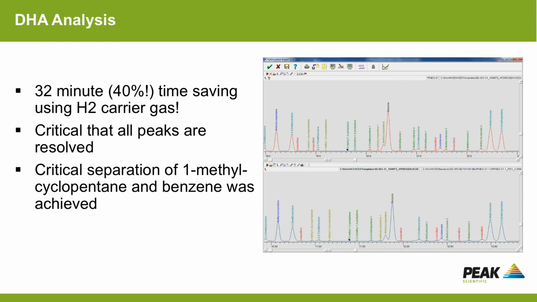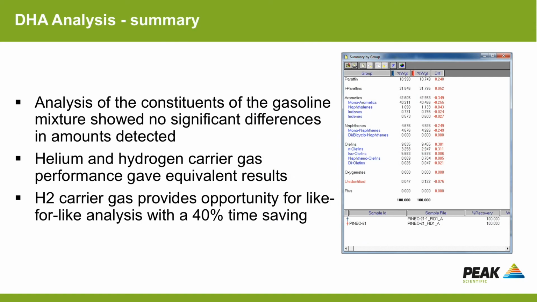So the table on the right hand side shows a comparison of the different groups analysed within the analysis, and just to look at the hydrogen and helium recovery rates, there was no significant difference between any of the products that are being analysed in this analysis.